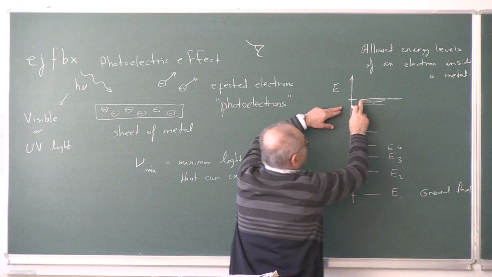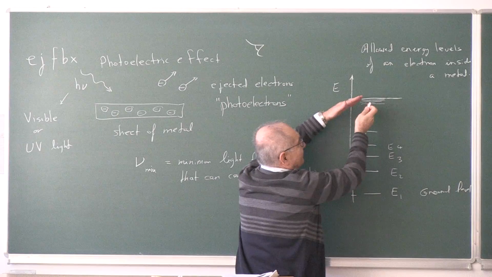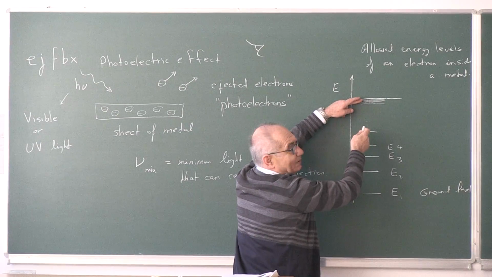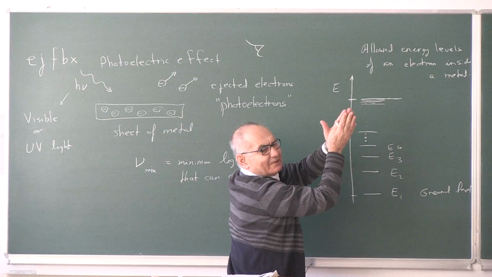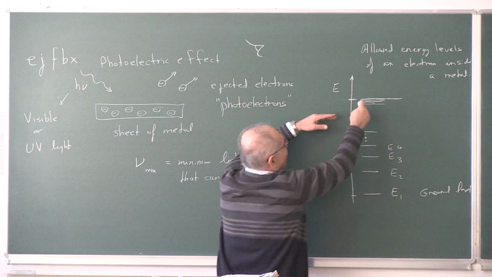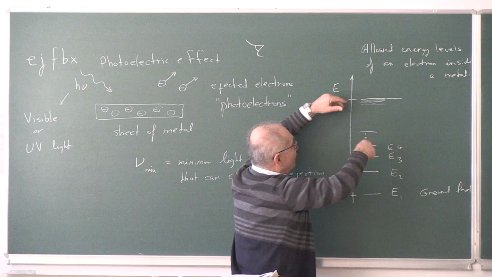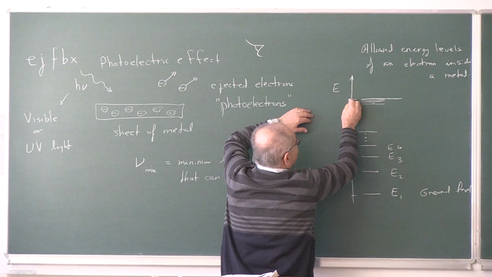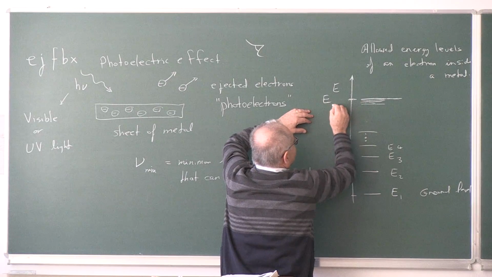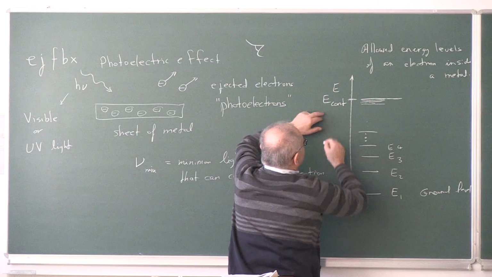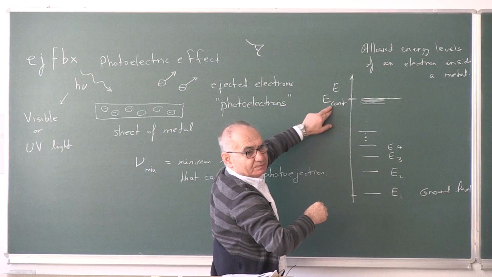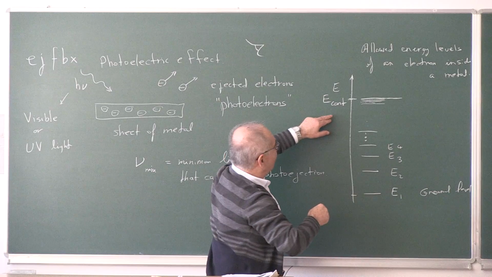At this value for the energy, the difference between neighboring levels is very, very tiny. And after this, energy levels become continuous. This is the start of the continuum. This means continuum, E continuum.